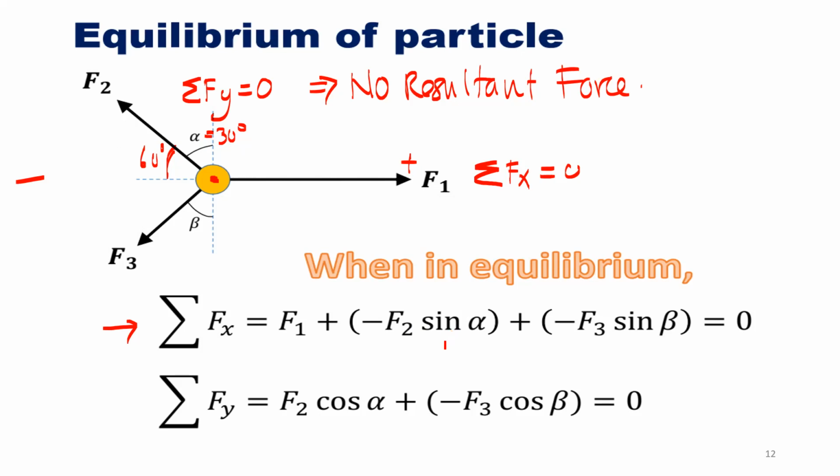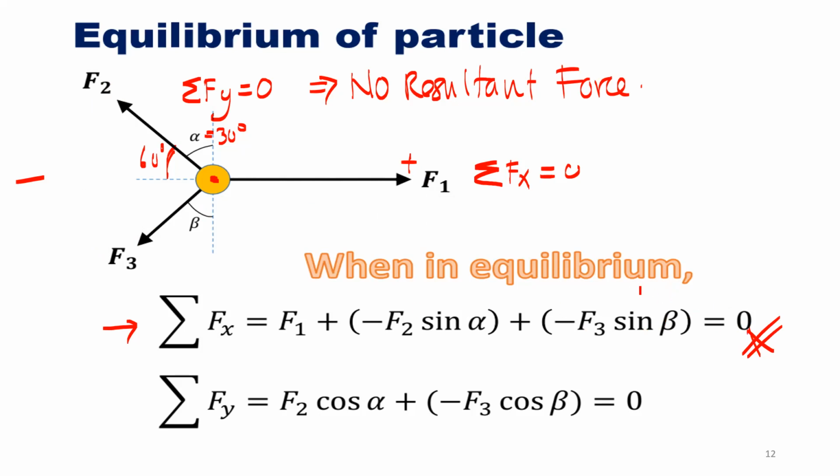So over here, sine alpha means we are referring to the alpha, which is 30, plus even beta also, if I resolve to the left, it is in the negative direction. So I will take negative F3 sine beta. So when I add all this, or in a way F1 minus F2 and F3, which is resolved, that should give you the resultant of x, the resultant for the x direction, which is 0.